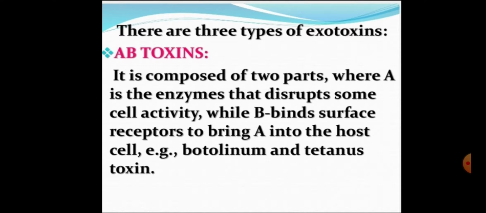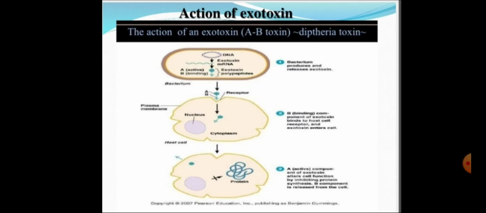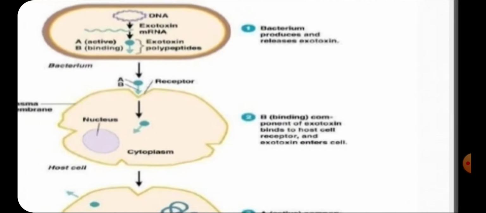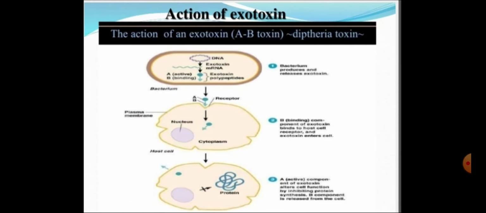A is the enzyme that disrupts some cell activity, while B binds surface receptors to bring A into the host cell, as in the botulinum and tetanus toxins. The action of exotoxins is shown in this slide.